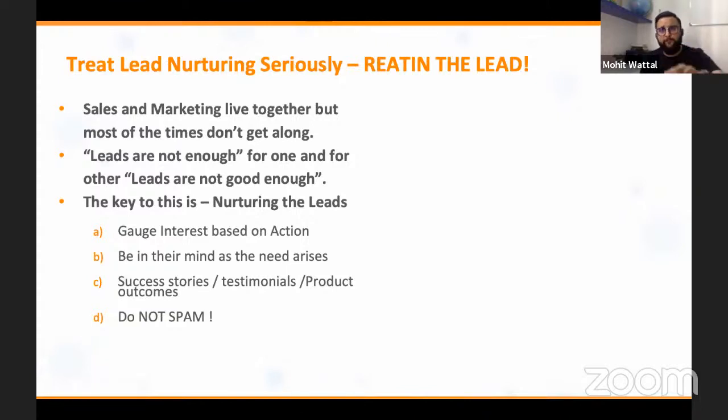So if I click an email sent to me today by Flipkart, or perhaps any e-commerce website, distributor, dealer, or institute, and I go to a landing page, they know that I was cold for all these days, but today I opened the email and clicked on apply now. So my status is reopened. I am alive as a lead again, so I should get a call from you. This is what lead nurturing does for you.